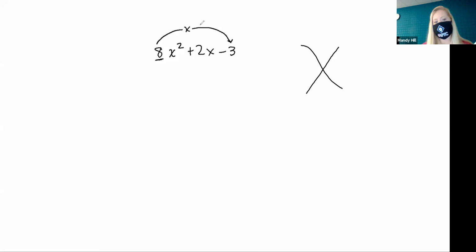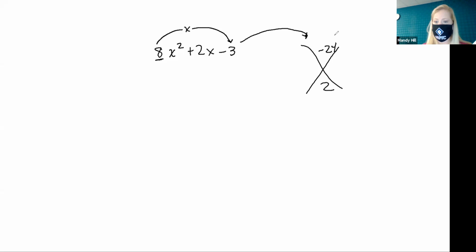So 8 times negative 3, and that is negative 24, and that's what goes at the top. So it's no longer just put the negative 3 up there. We want to do 8 times negative 3, which is negative 24. Y'all with me? 8 times negative 3, which is negative 24, okay? The number in the middle still goes at the bottom.